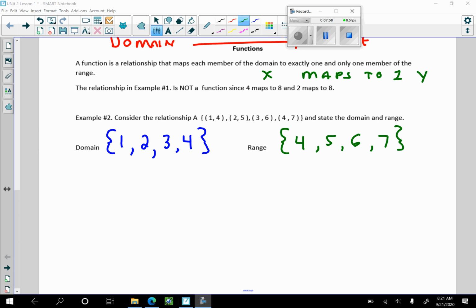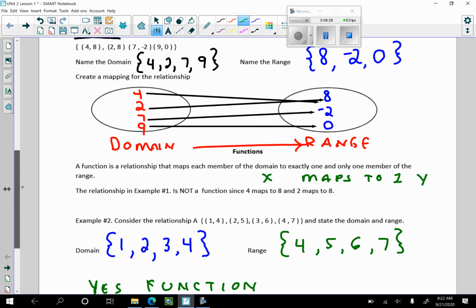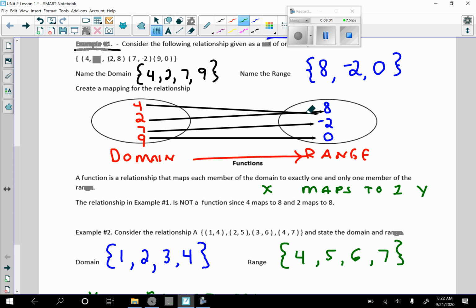We see in this example that this particular relationship is indeed a function. This is a function because 1 only maps to one number, 2 only maps to one number, 3 only maps to one number, and 4 only maps to one number. And if you notice, in the earlier example I had 4 going to 8 and 2 going to 8, therefore that was not a function.